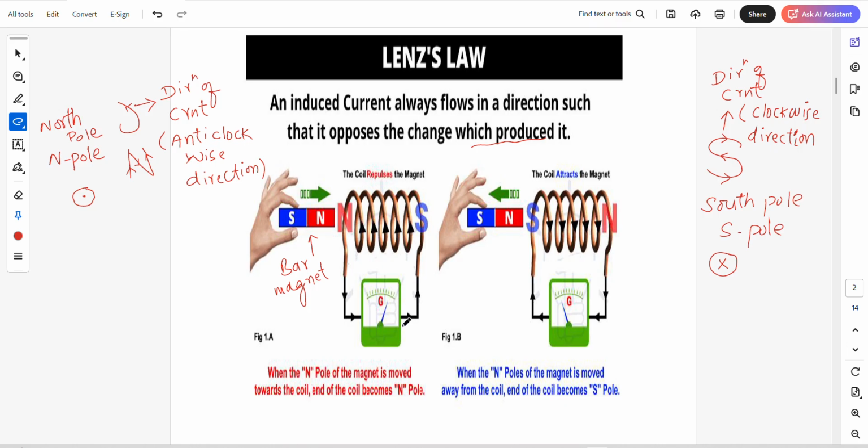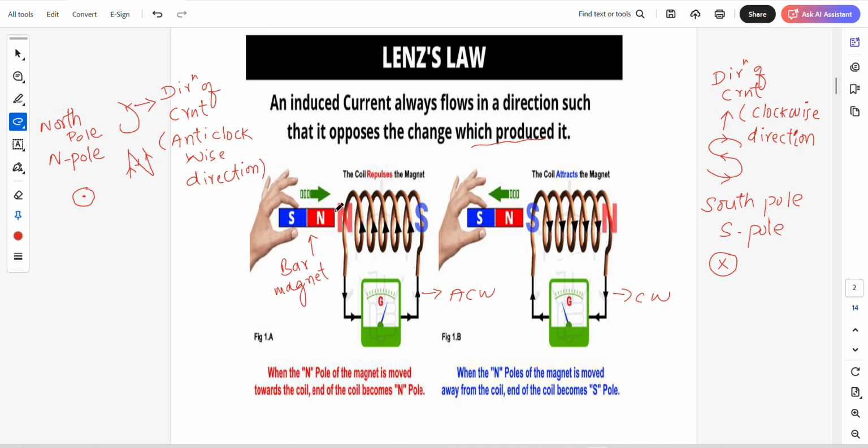See the galvanometer here. It is moving to the right side and it is moving to the left side. It shows deflection, but here the deflection is in the opposite direction, because the current is in the clockwise direction here, whereas earlier it was anti-clockwise. When the bar magnet is brought near the coil, the coil repulses the magnet.